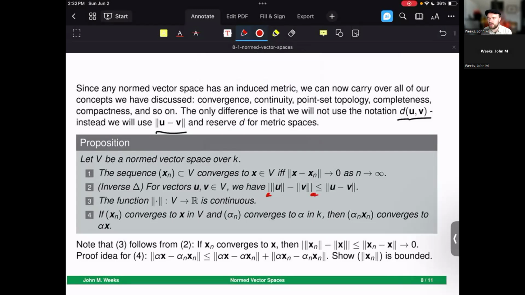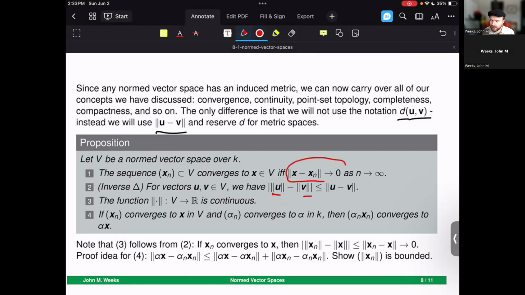The single absolute value bar on the left and on the right here is appropriate because the values of the norm of u and the norm of v are real numbers. You can never have a norm be a complex number. So the difference between these, with an absolute value outside of them, is all appropriate notation, and hopefully helps signify to you, if you get confused, that if you plug a vector into a norm, then what you're getting out is a real number.